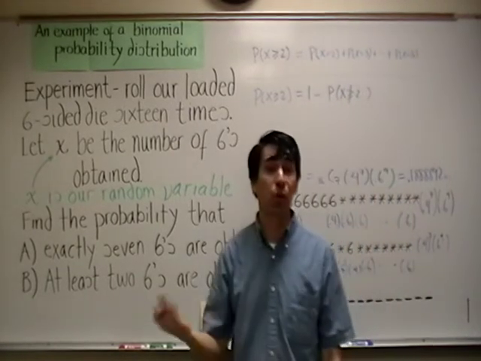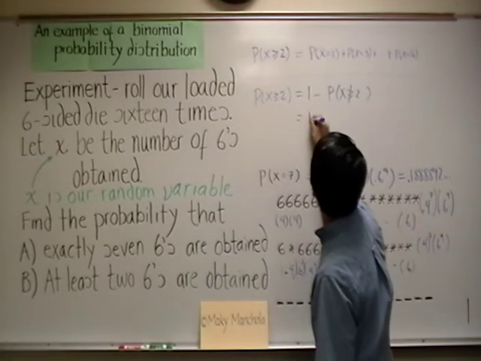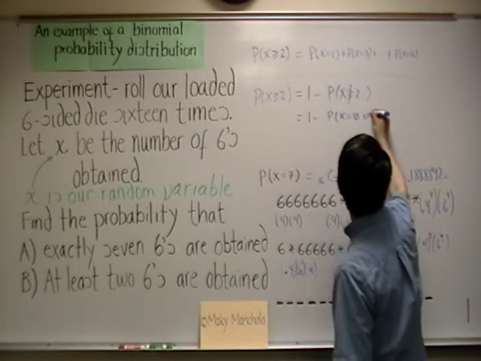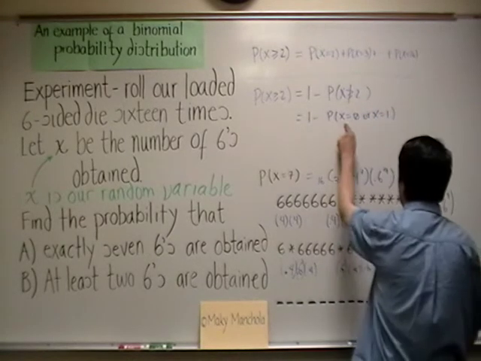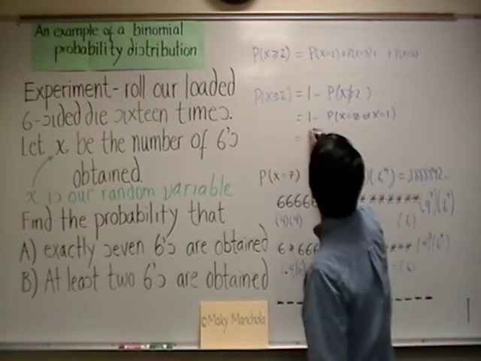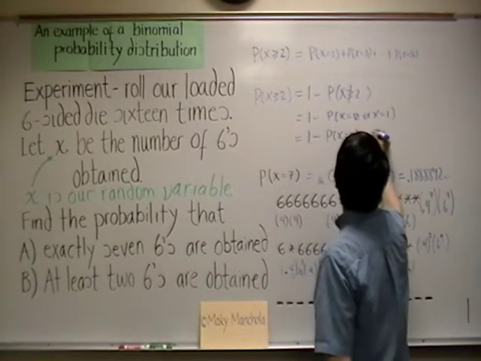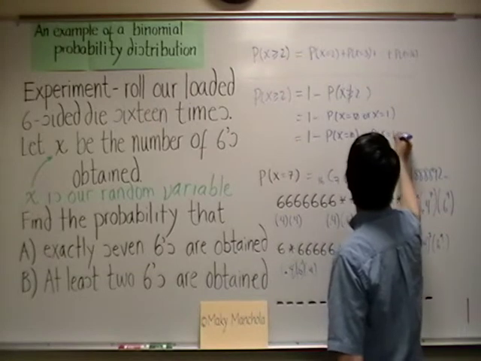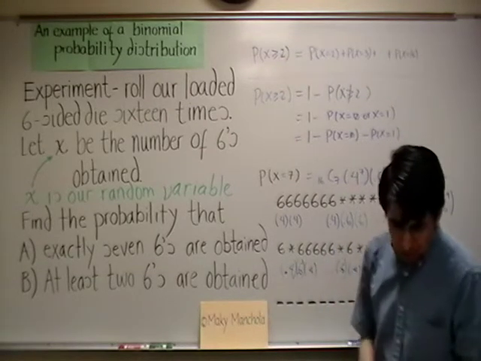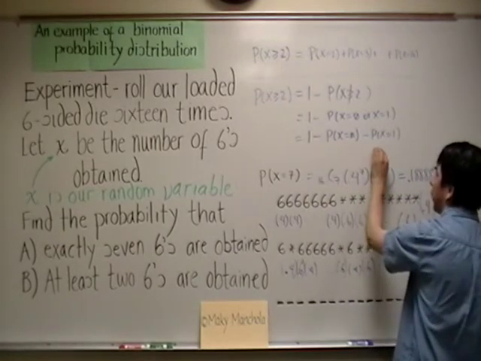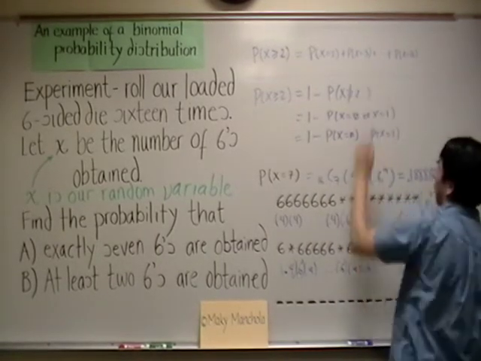You either get 0 or 1. So 1 minus probability x equals 0 or x equals 1. These are exclusive alternatives, so you can actually break this down as 1 minus probability that x equals 0 minus probability x equals 1. So this calculation right here is not as long as that one.